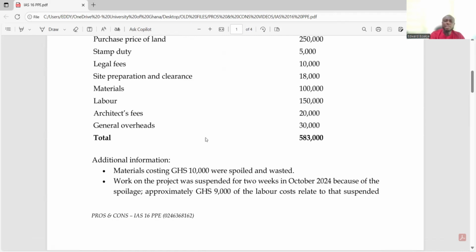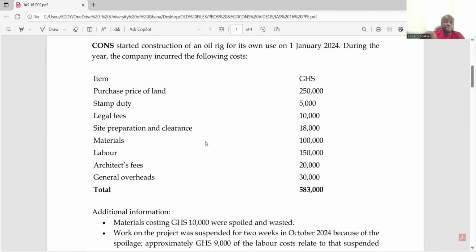So it means that 10,000 cannot be charged to this. It's not attributable to it. It's something which was wasted, so it was not actually part of the cost. So if we have materials, we will have to take out 10,000 from it. So the materials will now be 90,000 instead of the 100,000.